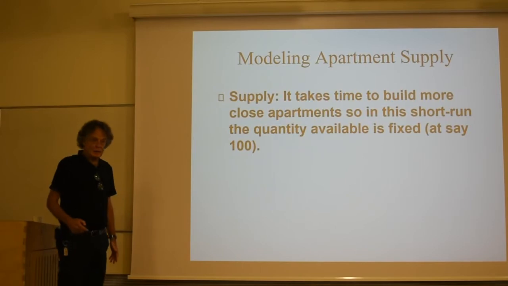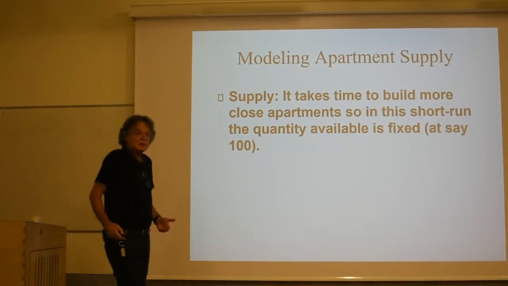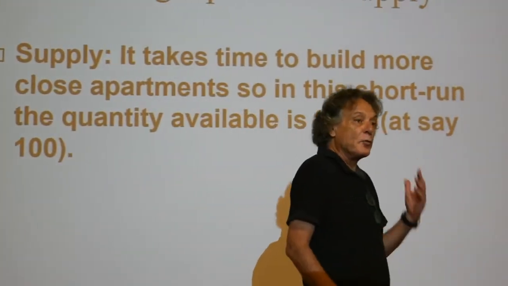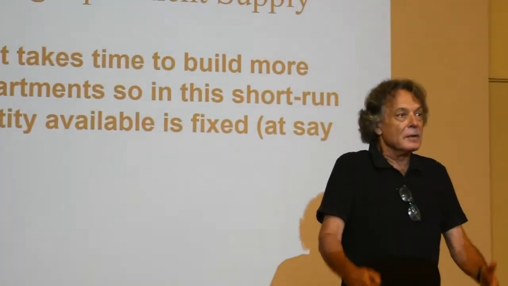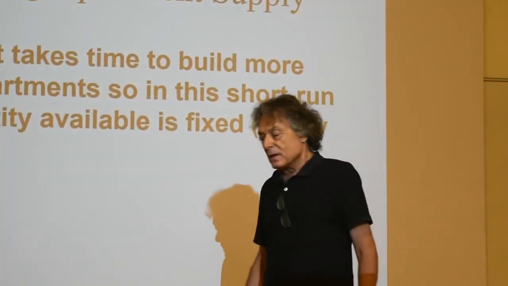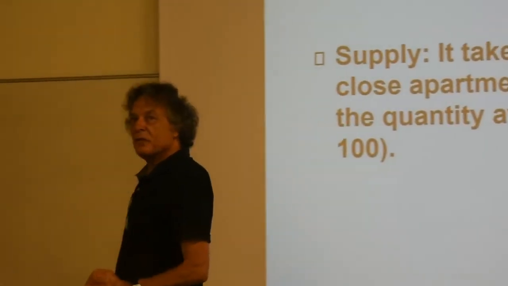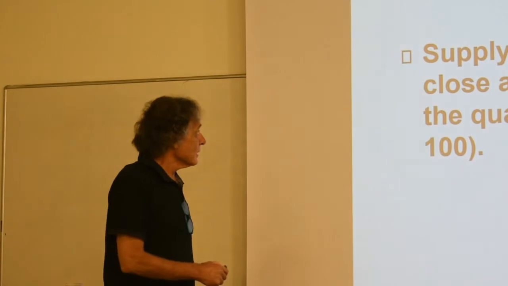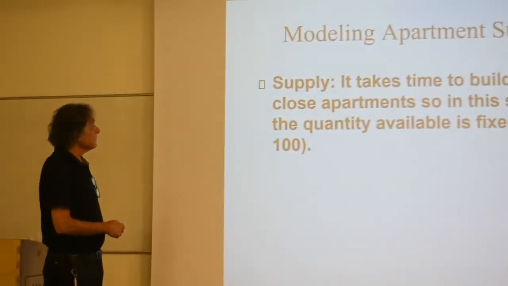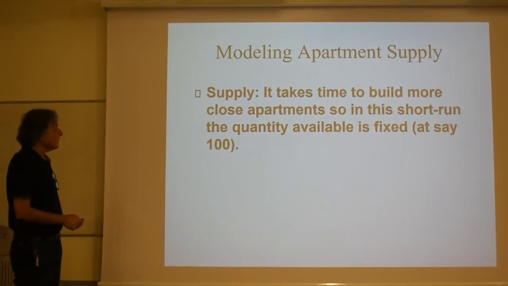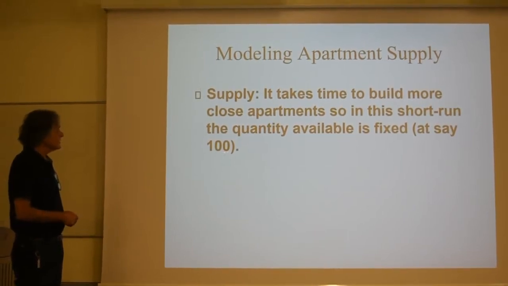Now we talked a little bit about the demand, and now let's talk about the supply. Sometimes it depends on the price that I can get in the market. If I can get a very high price, I will build more apartments. But here, for simplicity, we make a very simplifying assumption. It takes time to build more closed apartments, so in the short run, the quantity available is fixed at, say, 100.